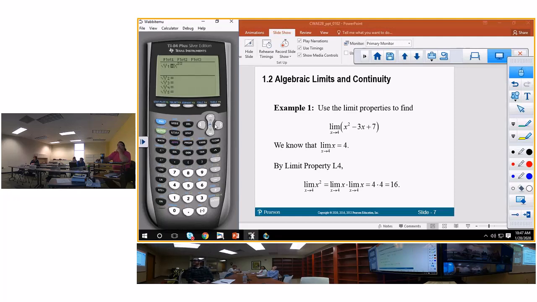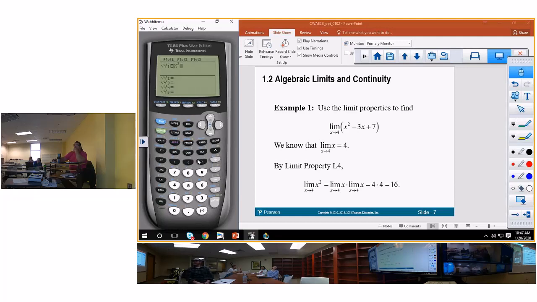I hate running this calculator with a mouse. And there's the function, and all you have to do is go to the window, or go to table. What's happening when x is equal to 4? Where's your limit?